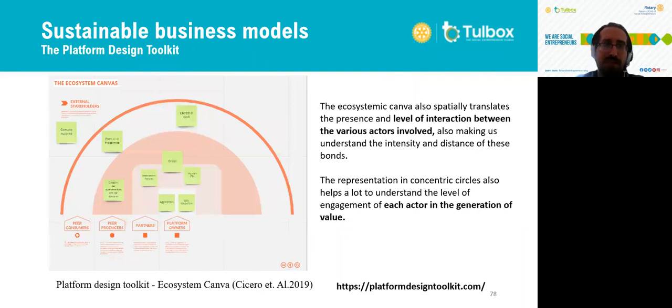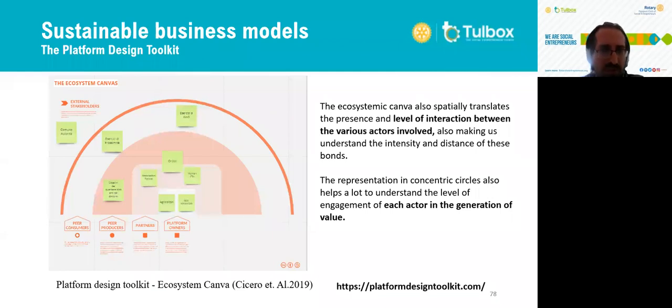I will give you a few examples of this set of canvases that the Platform Design Toolkit is providing for the users in order to design a business or a platform better. For example, this is a canvas that is very useful for designing the ecosystem of actors that are acting in a certain business.